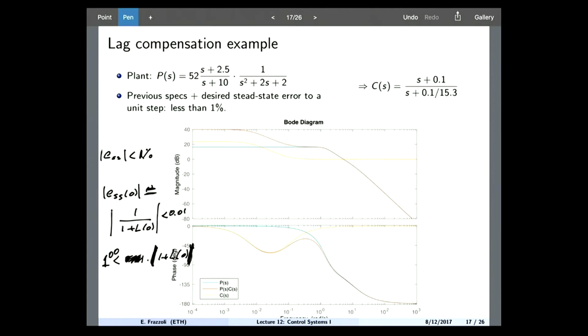Assuming that L of 0 has a phase of 0, which is the case here, this means I want L of 0 to be greater than 99.